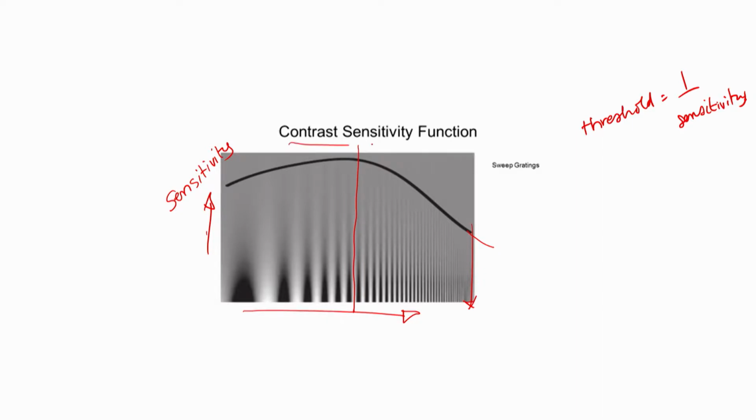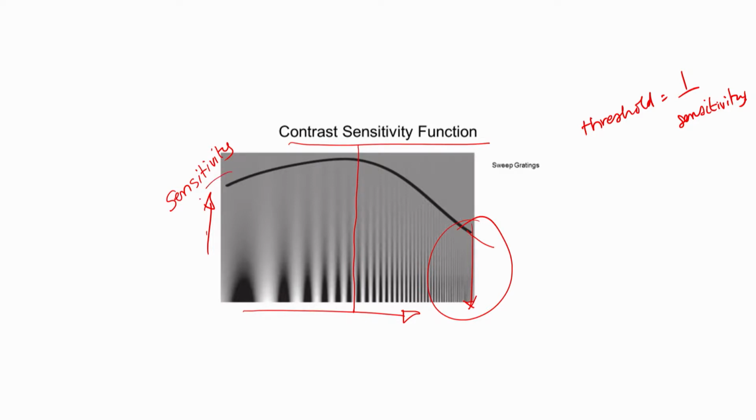So, the implication of this CSF, which we have already seen in the earlier class, is that if a picture has higher frequency details, then this diagram tells that we need more threshold in order for it to be seen. That is the implication of this graph.